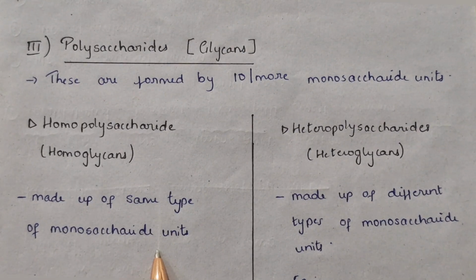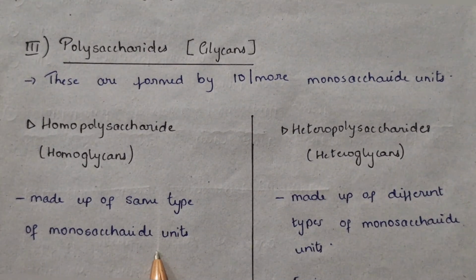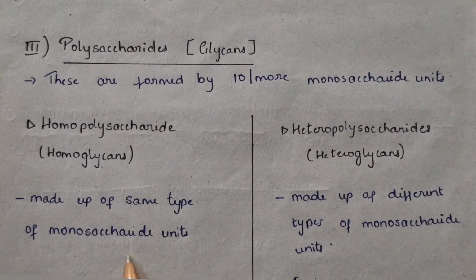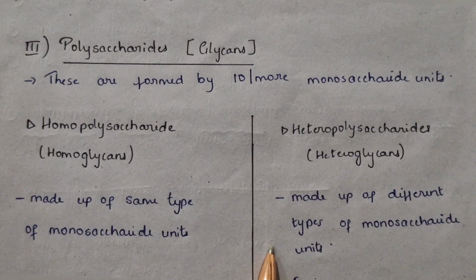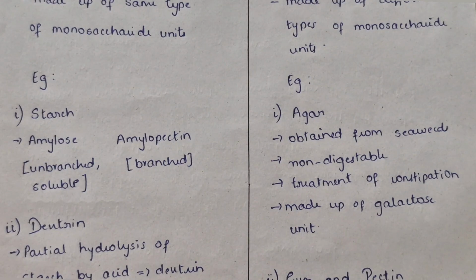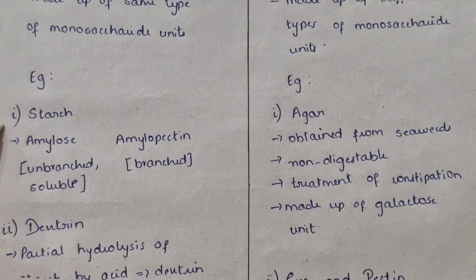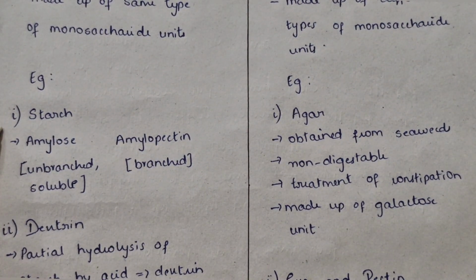Let's see the differences between homopolysaccharide and heteropolysaccharide. Homopolysaccharides are made up of the same type of monosaccharide units, and heteropolysaccharides are made up of different types of monosaccharide units.